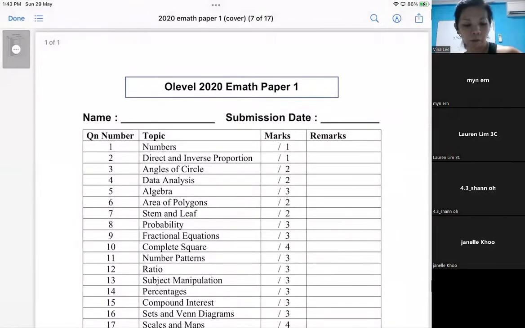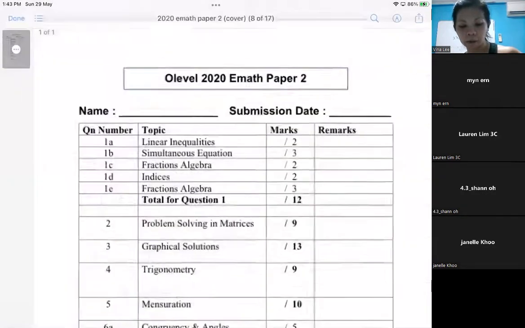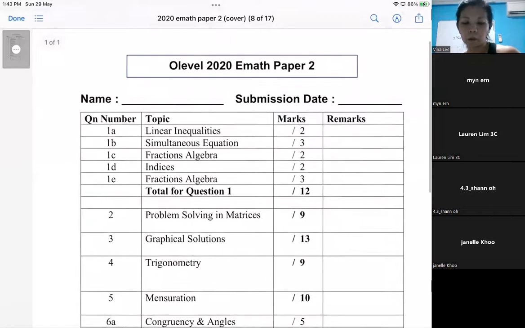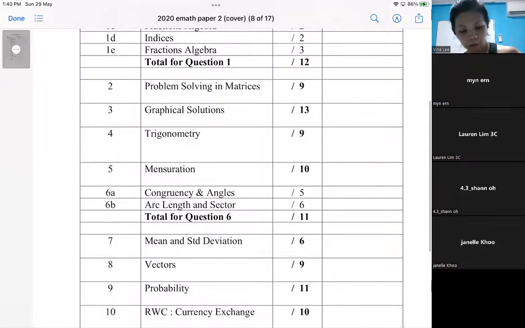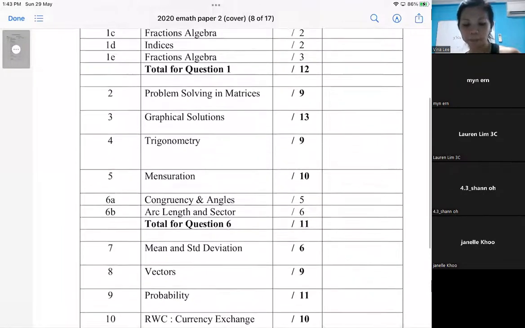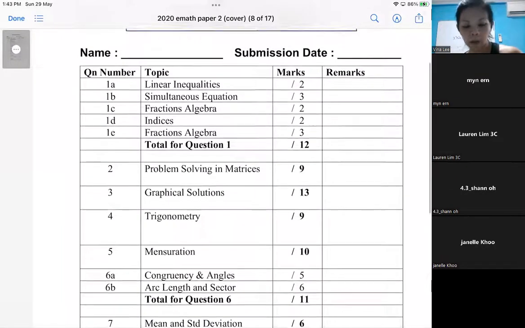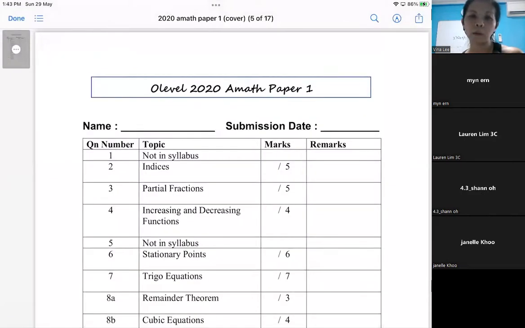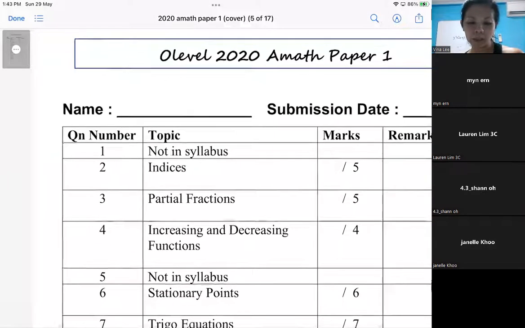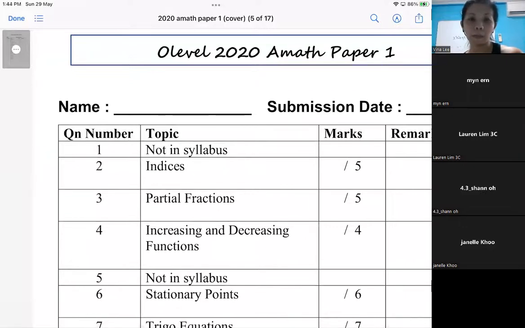So there will be a cover page. The cover page will be like paper 1. Look at the cover page properly. E-Math paper 2 also has a cover page, so you can see the variety of topics. A-Math also has a cover page. For the A-Math people, please take note: you are the second batch of the new syllabus. So you will find some questions not in syllabus, which I already marked there as not in syllabus.